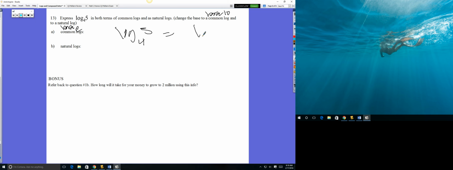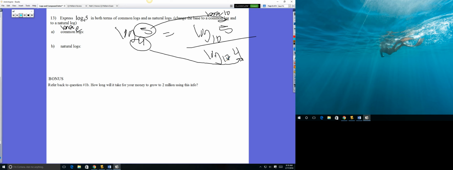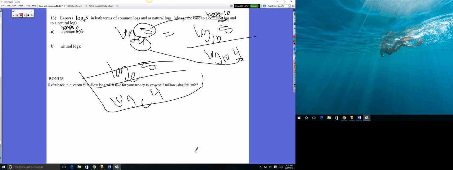So it's going to be log base 10 of 5 divided by log base 10 of 4. So you take this one, it goes on top. You take the old base, goes on bottom with the new base. Same thing if you want to change these to base e. It's going to be log in base e of 5 divided by log base e of the old base 4. That is B. And that is it.